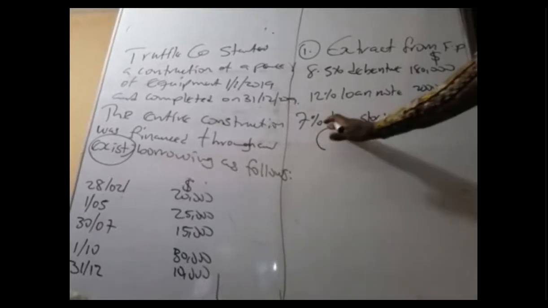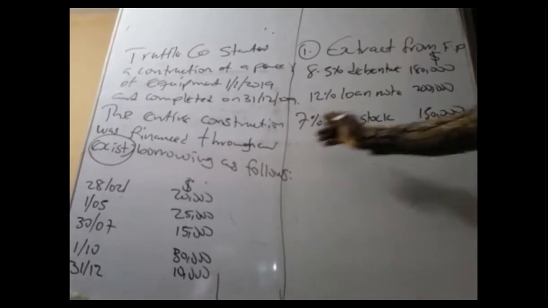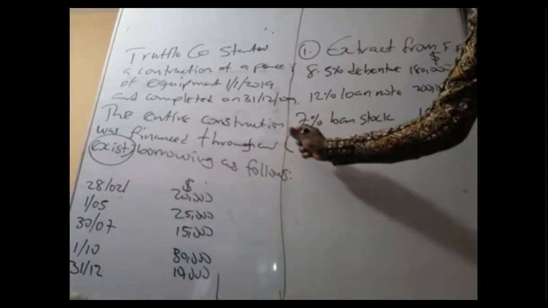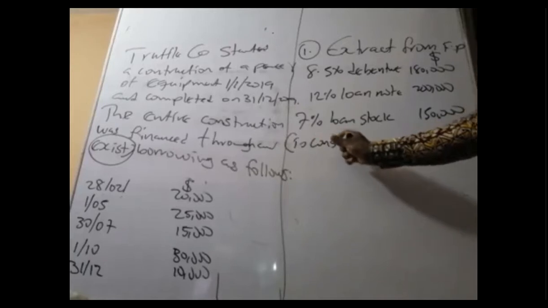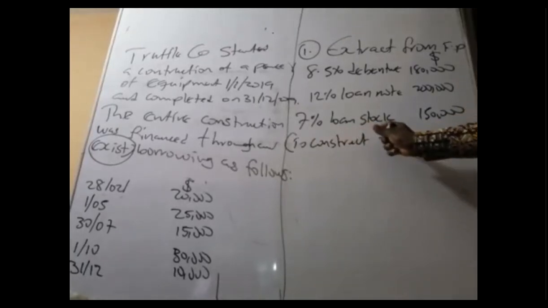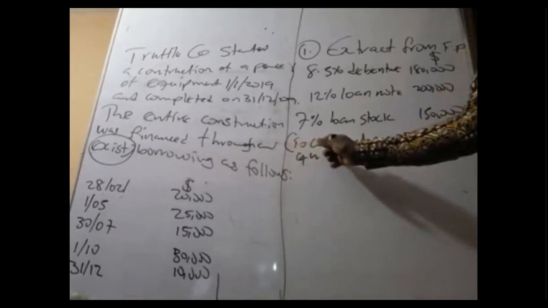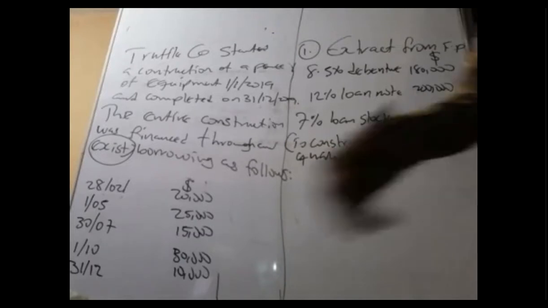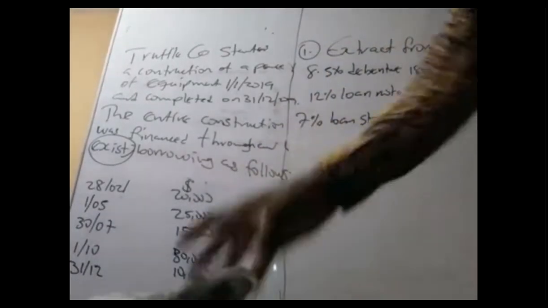It was secured to construct a qualifying asset. This is $150. Okay. This is note 1.